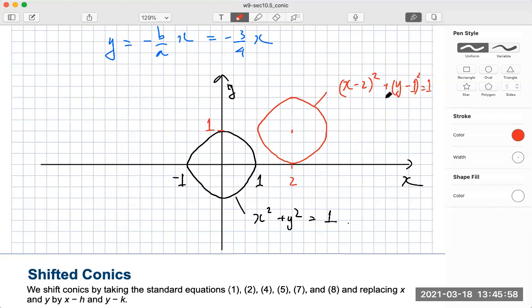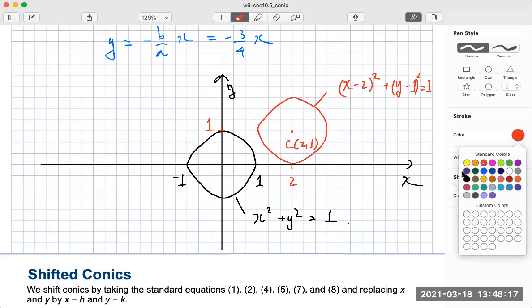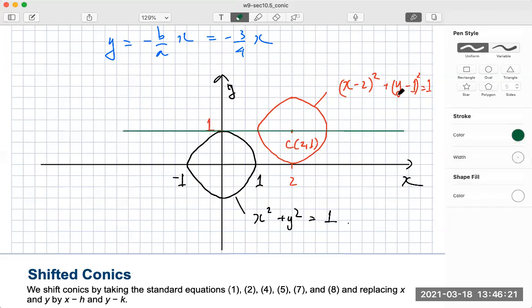Right? Because here, the center is at (2, 1), right? If we plug it into this equation, when y is equal to 1, this term will disappear, right?